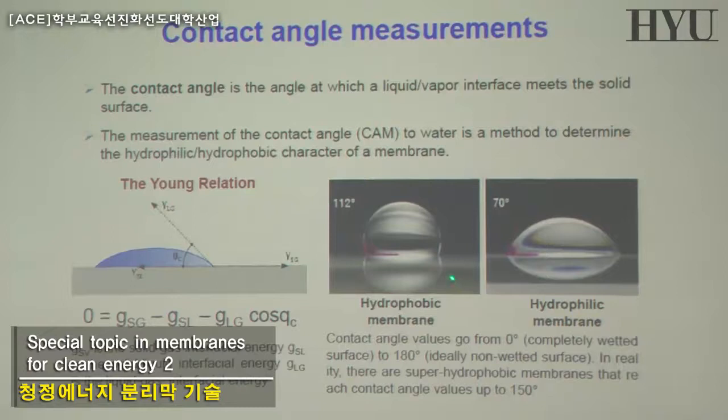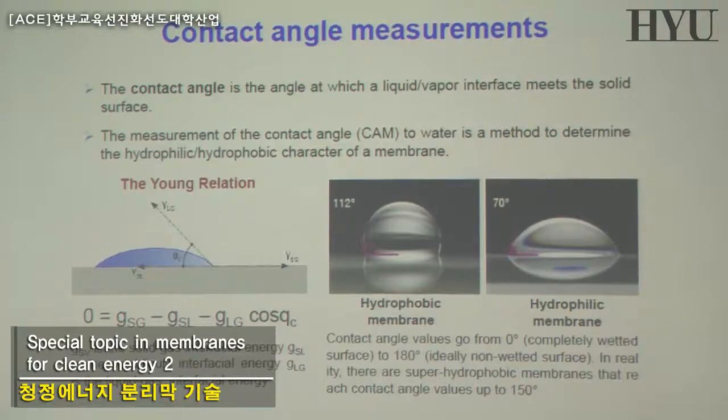If it's a hydrophobic membrane, then the contact angle is pretty large. If we are talking about a hydrophilic membrane, then the contact angle will be quite low. So contact angle is a rough estimate of the property of the membrane, but it will give you some indication of how the membrane surface looks.